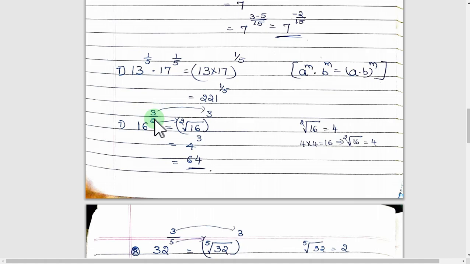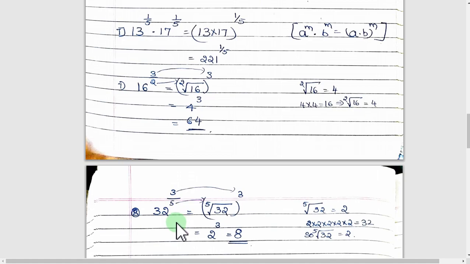When the exponent is a fraction, the denominator goes to the root place and the numerator goes to the whole power. One more example: 32 to the power of 3 by 5. The denominator goes to the root place, so the fifth root of 32, whole cube. Now we have to see which number multiplied 5 times will give you 32.